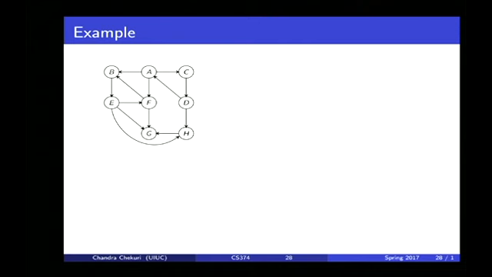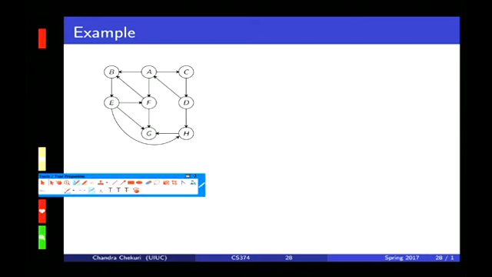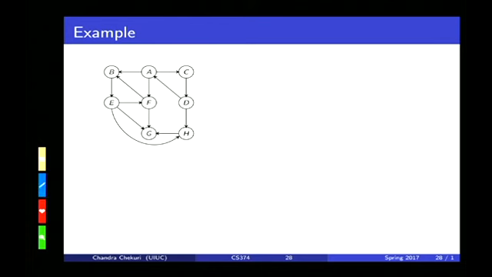So let me do 2 DFSs for you in this graph, and you'll see that there is a difference. Suppose I start exploring the graph from A. I'll put numbers here.